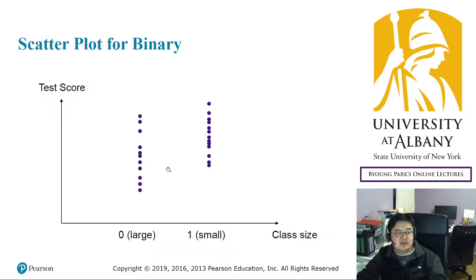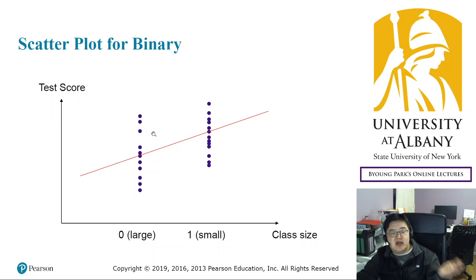In this case, if you see this scatter plot, you may still imagine a slope going through a regression line, going through those data. It is not wrong. It is okay to make a line like this, and this is how Stata estimates the parameters. However, this interpretation is not desirable because, as I said, 0 and 1 have no meaning.